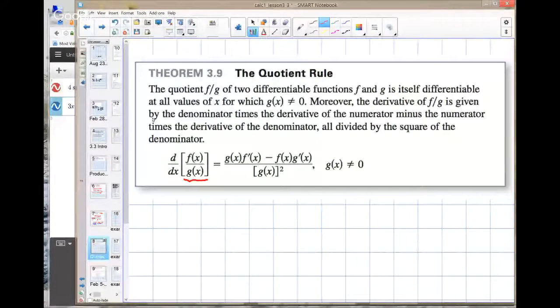Of one function divided by another: denominator times derivative of numerator minus numerator times derivative of denominator all over denominator squared. That's basically what they have written up in that paragraph up there.